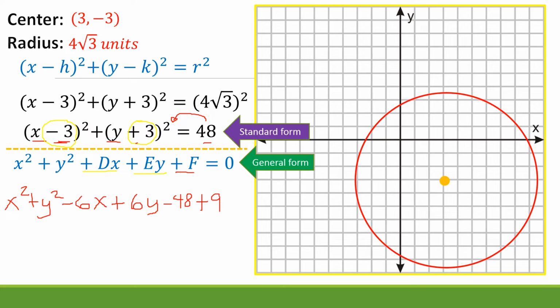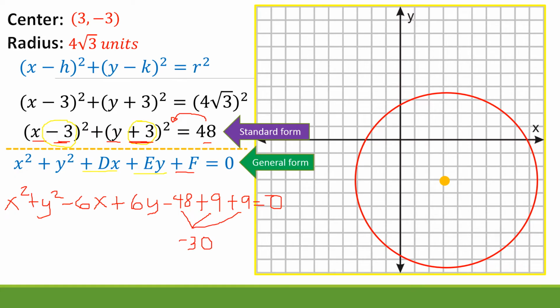Then from the y part, our constant +3 squared, meaning +3 times +3, gives us +9 as well. Then equals 0. Simplifying the constant part, -48 plus 9 plus 9 gives us -30.